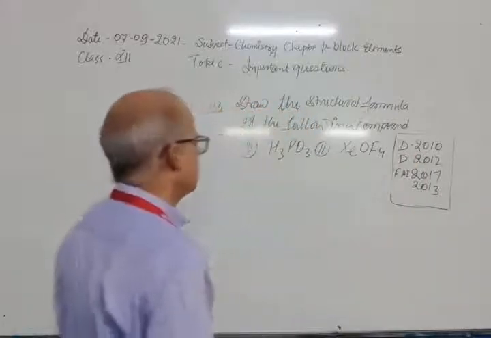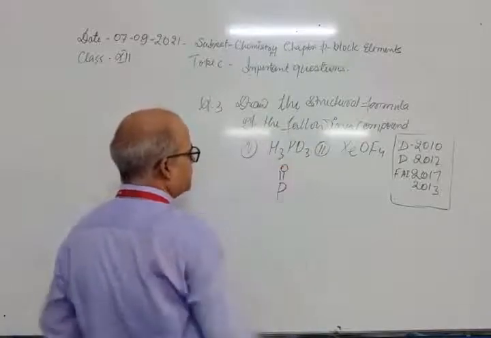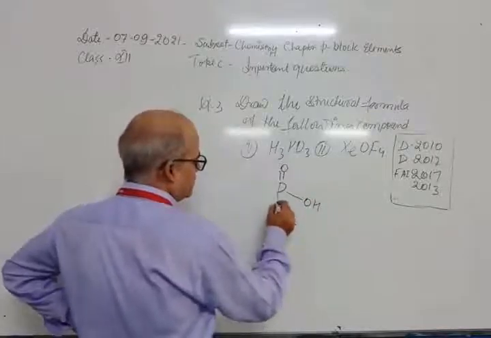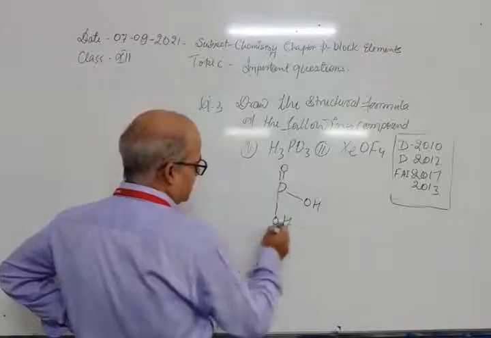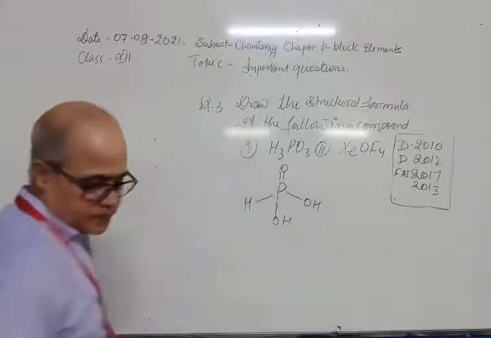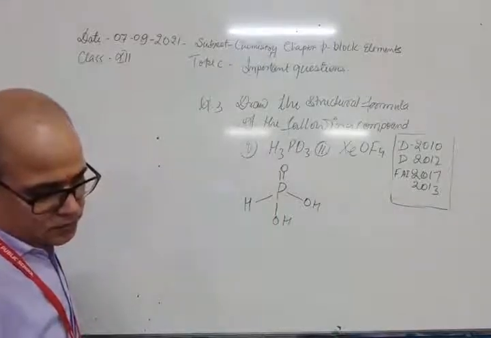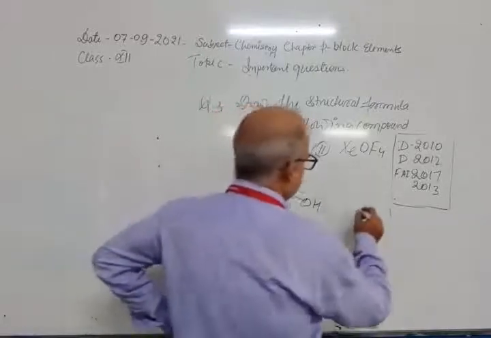Now see the structure of this one. One is compulsory. Here we have 3 hydrogens and 3 oxygens. When oxygen is finished, here will be 1 hydrogen, here will be 1 hydrogen. Next, the structure is XeOF4.